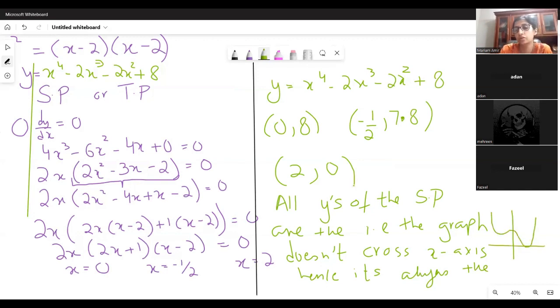So, सारे turning points x एक्सेस के ऊपर है, एक तो exactly x एक्सेस के ऊपर है और बाकी दो are higher than the x axis, so this curve is never negative.